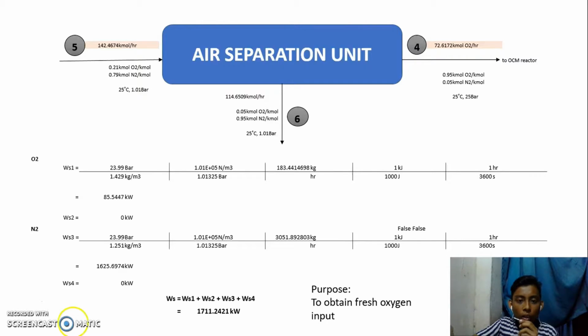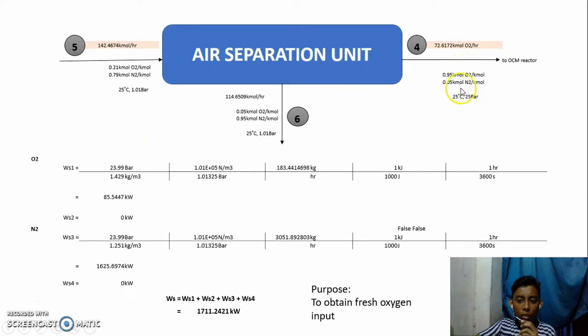As the same, for the ASU we also have to choose the reference, so I choose the inlet as the reference. That's why W1 has a value.